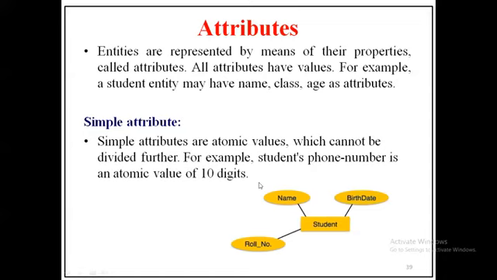Simple attribute means atomic, in the sense of a single value. An example is phone number, which is 10 digits. This is called atomic. Other examples: student name, roll number, date of birth. Roll number is also a simple attribute.